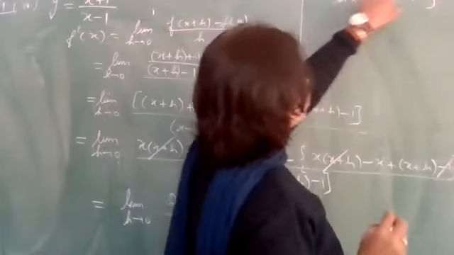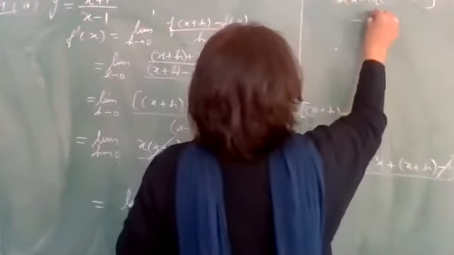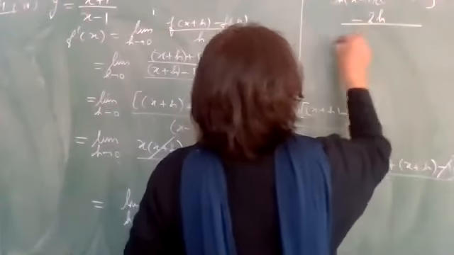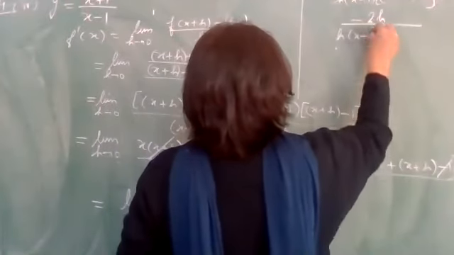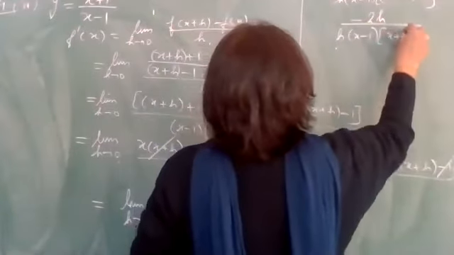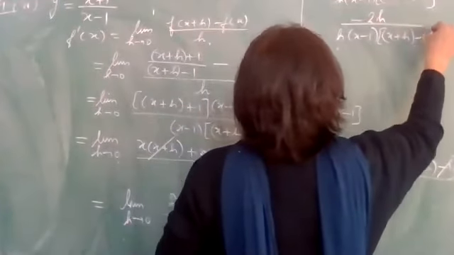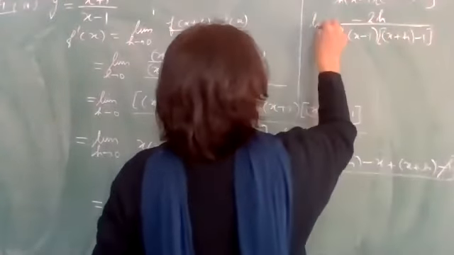Now if we look at these two, so what do we get? Let's write it in next step. Minus 2h upon h, (x minus 1). We always apply the limits whenever some function is in its most simplified form.